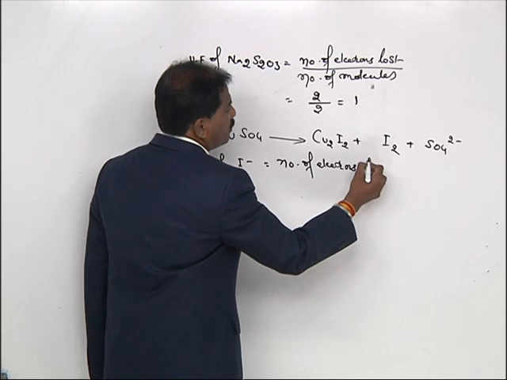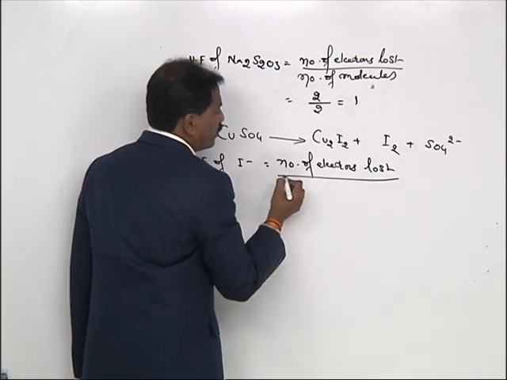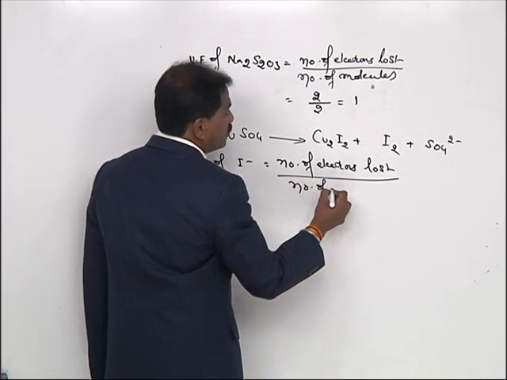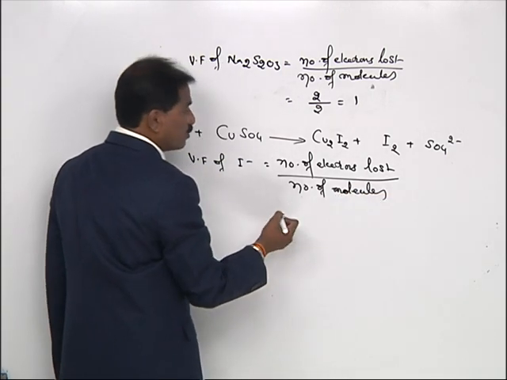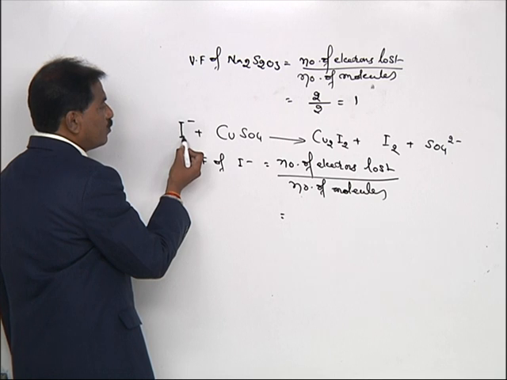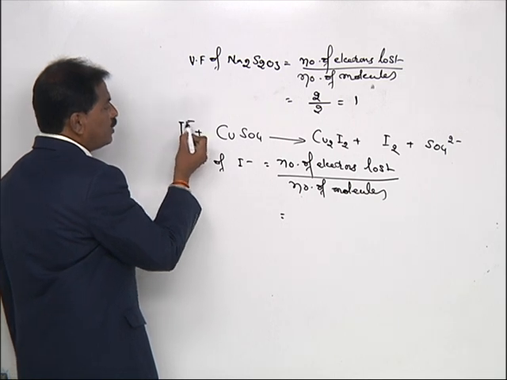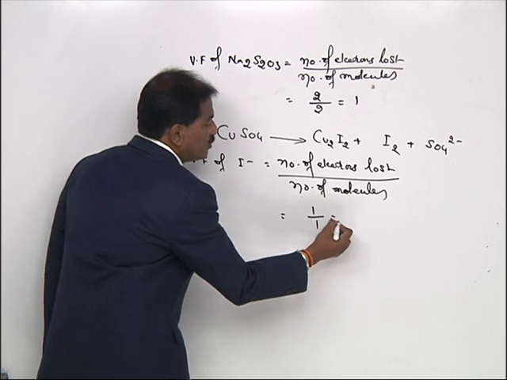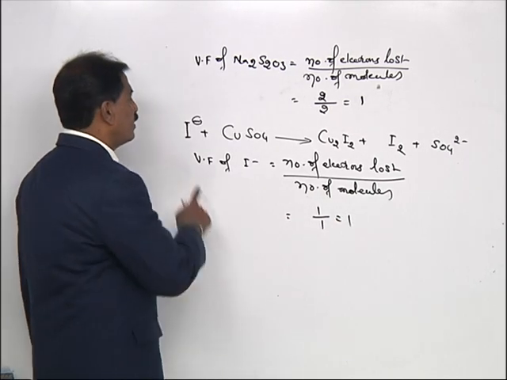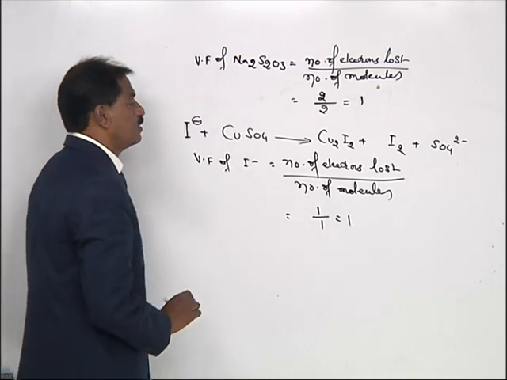Number of electrons lost by number of molecules. Here, one iodide is losing 1 electron. Number of molecules, so 1. So, for potassium iodide or iodide, valence factor is 1.